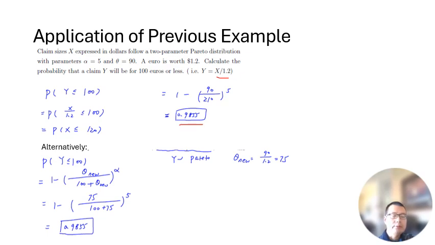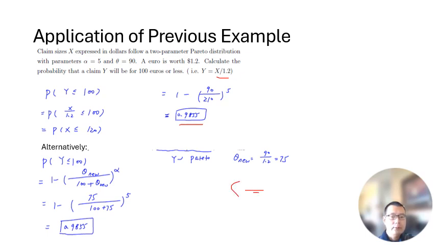But alternatively, if we know from the beginning that the Pareto distribution is a scale distribution, in this case the scale constant C is actually 1 over 1.2.